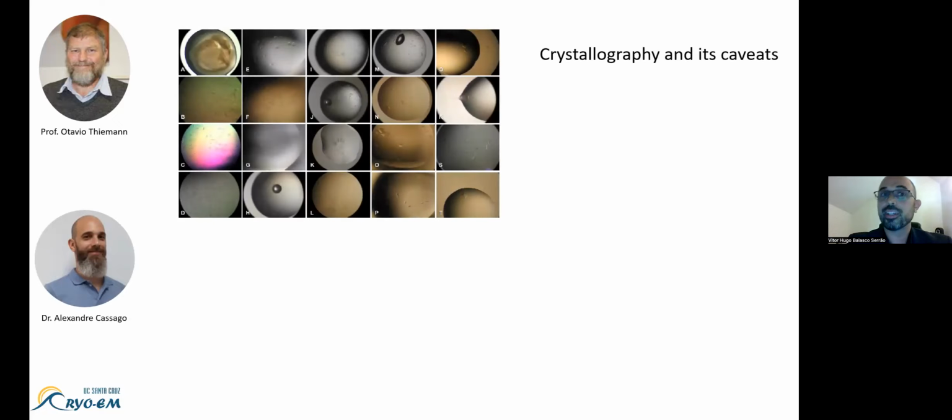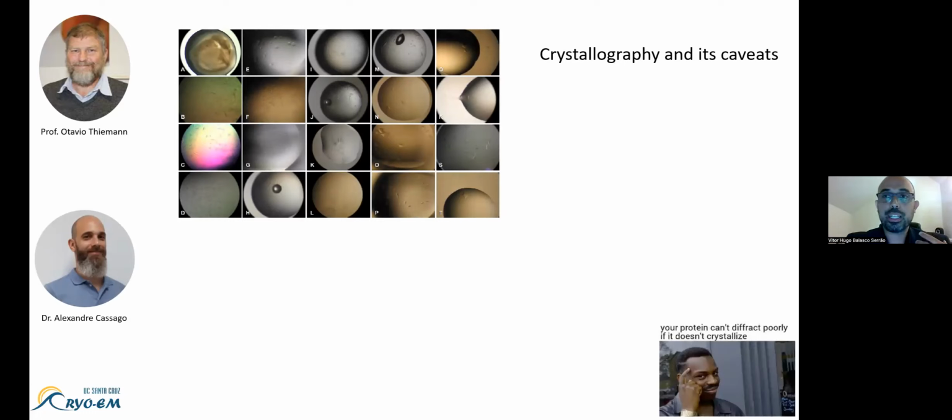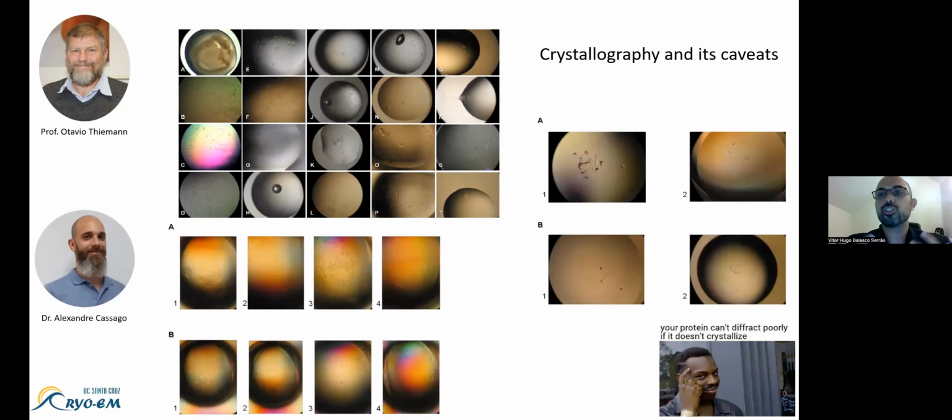So 20 years ago, the method that we had to get high-resolution structures was crystallography. So crystallography has a lot of issues, right? And one of the things is, sometimes you believe that, okay, if I don't get a crystal, it's my problem. Or what happens once you get so many different crystals, but none of them diffracts?